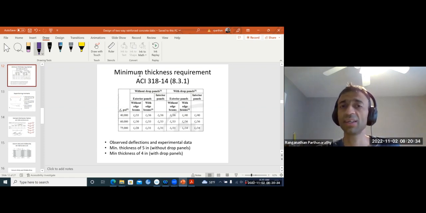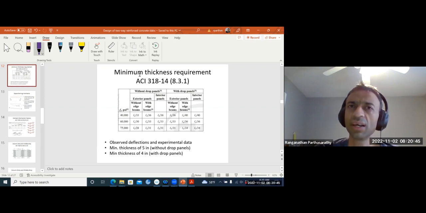Now, the exact calculation for the moment that is carried, we need to use theory of elasticity, and we need to solve the stress equilibrium equations for plate. That's the minimum we need to do.